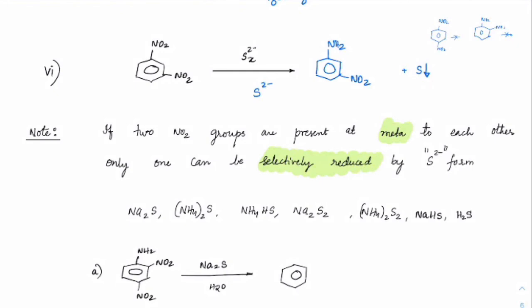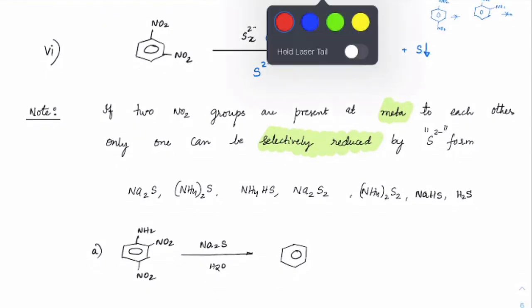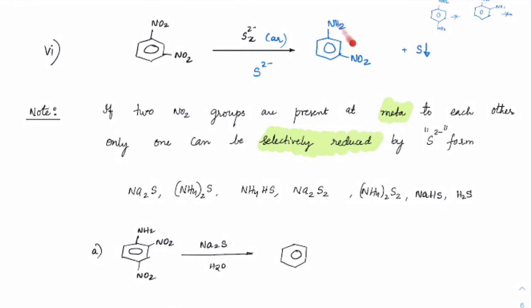Is this clear? And usually we take it in aqueous solution so that we can have protons, and only one NO2 must be reduced. Remember that, not both of them. So this is the selective reduction. No mechanisms needed. Only the direct selective reduction should be understood.